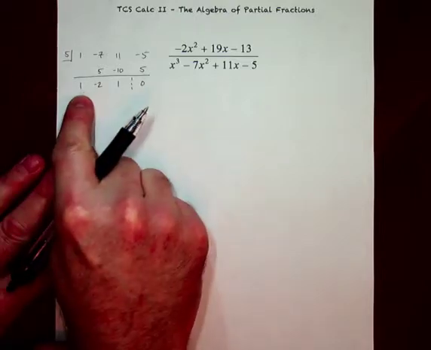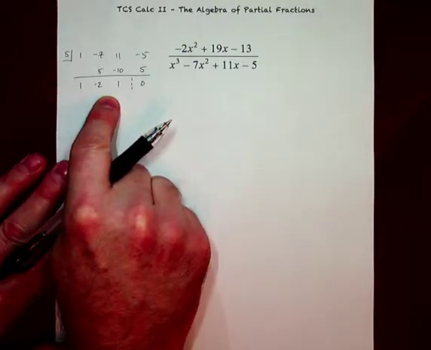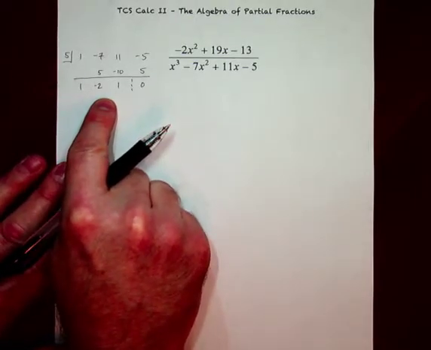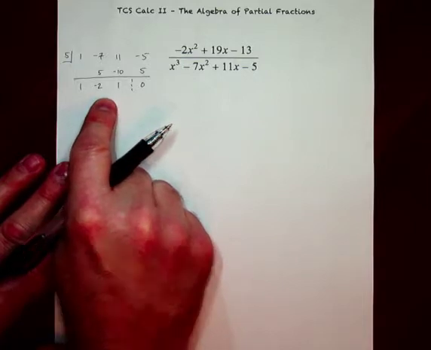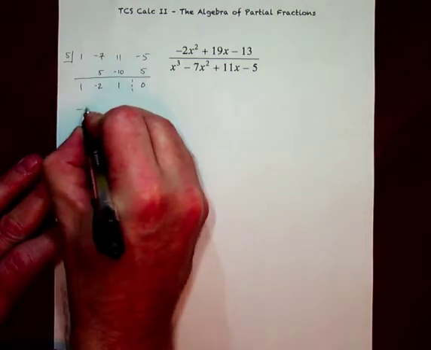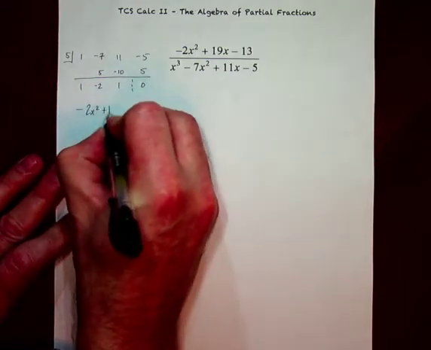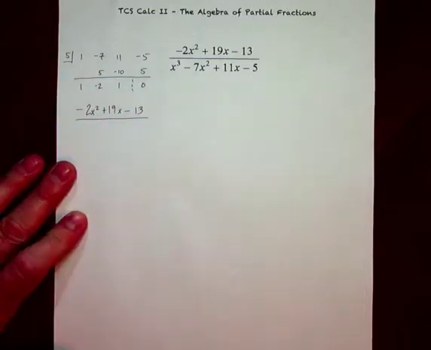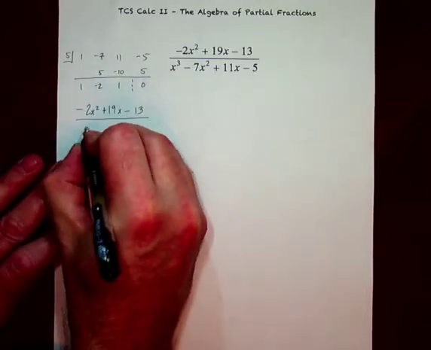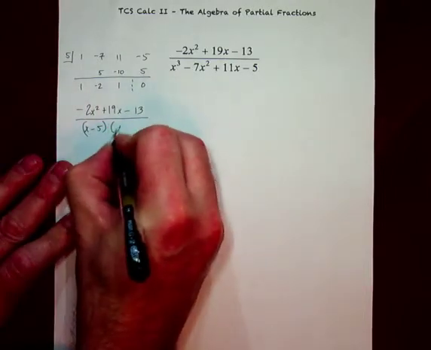But that means that my depressed quadratic is x squared minus 2x plus 1. Well, I know that that's x minus 1 squared, okay? So this winds up being negative 2x squared plus 19x minus 13, over x minus 5 times x minus 1 squared.